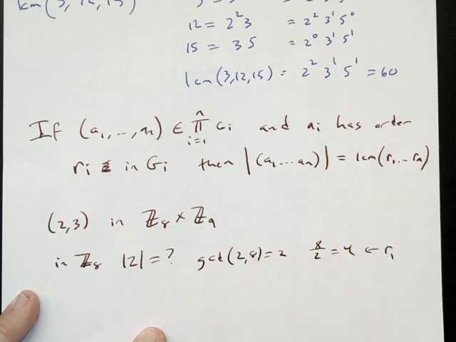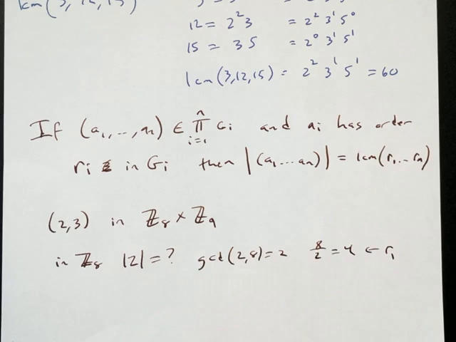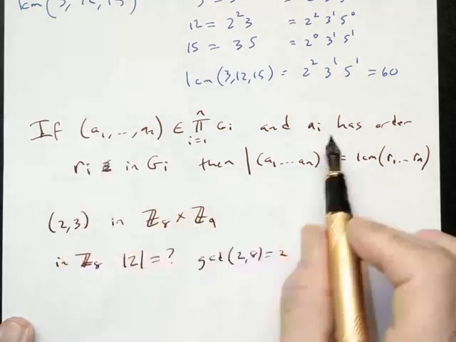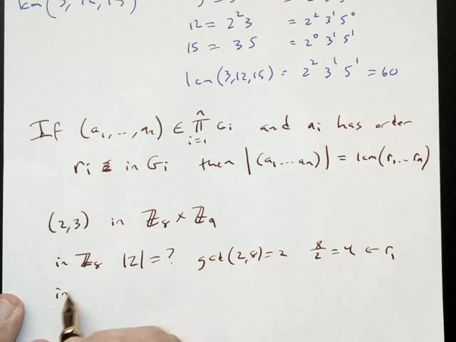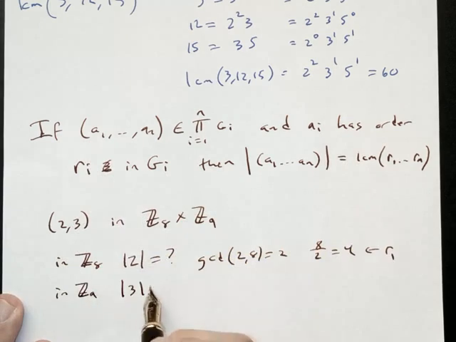This is r1, the order of a1 in group 1. In the second group, find the order of this element. Three.